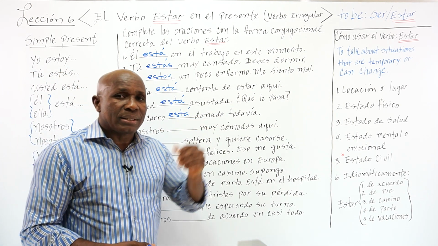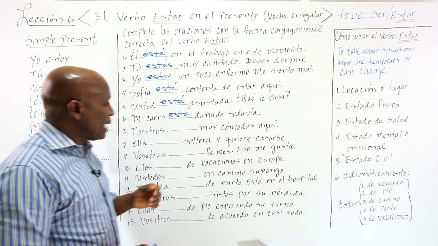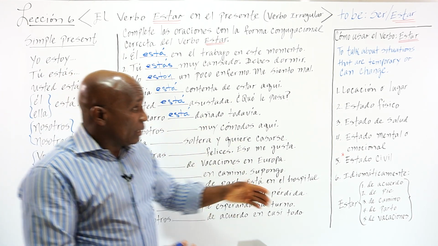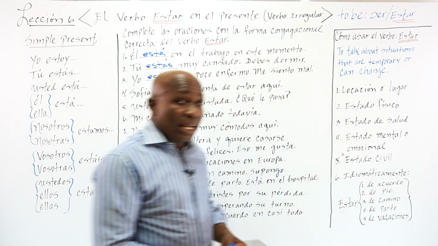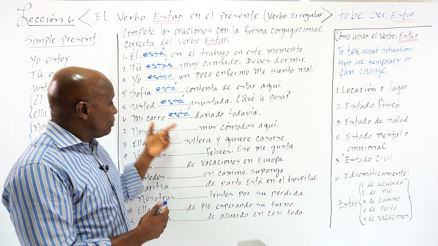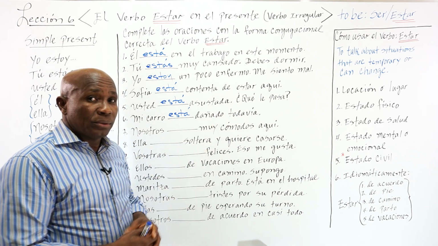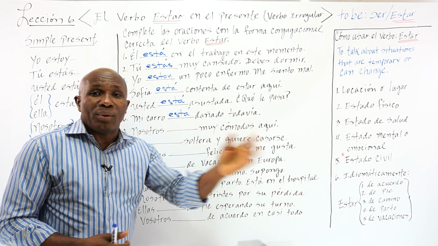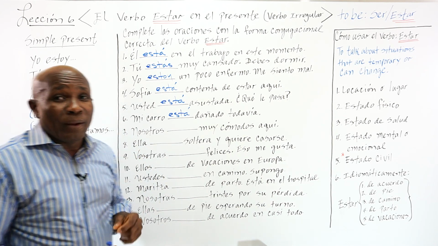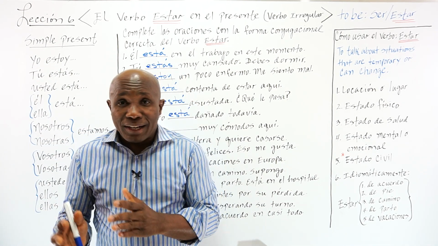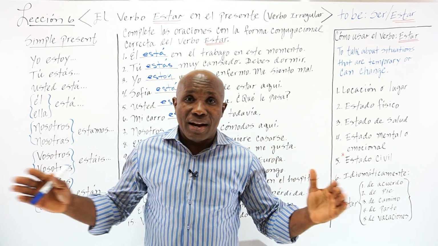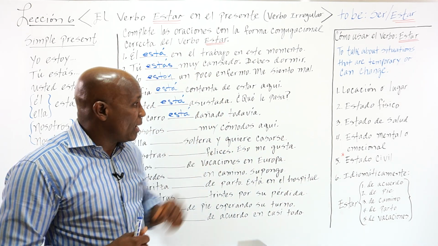My car is still damaged. Dañado, what is that? Right, it's a state, a condition. Mi carro está dañado. It wouldn't be possible to say, mi carro es dañado. Doesn't make any sense. I told you that the verbs ser and estar are used in different contexts, all right? Very important to keep that in mind.